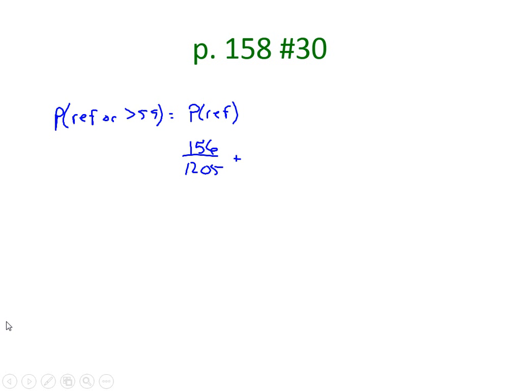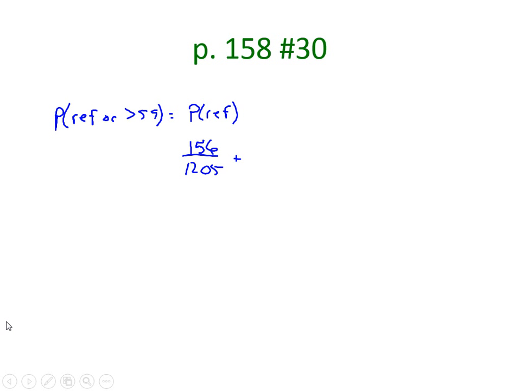If I look at my chart and figure out what else I need to add on, for those people over the age of 59, we already know 49 of them refused. Well, that 49's already been counted, so what else do I need to add in? I need to add in the 202 people that are also over the age of 59 but that answered, because those guys haven't been counted yet.